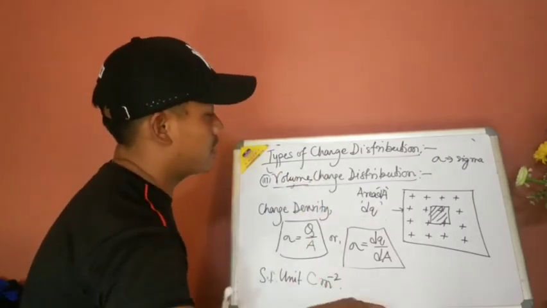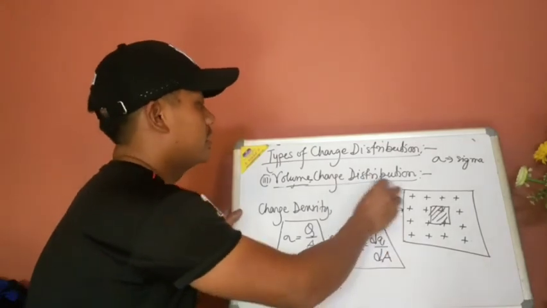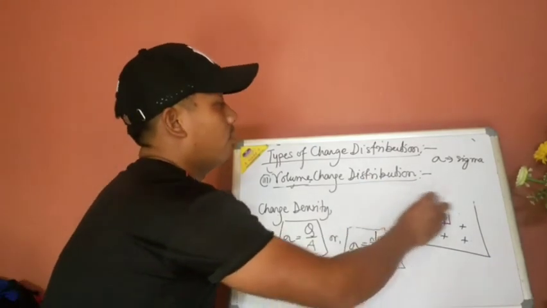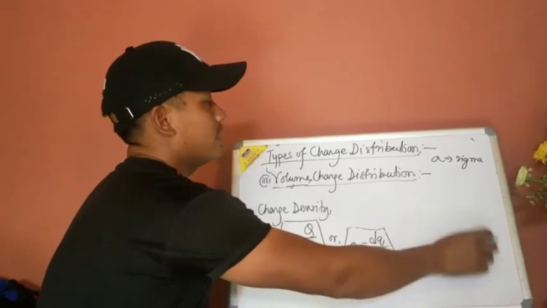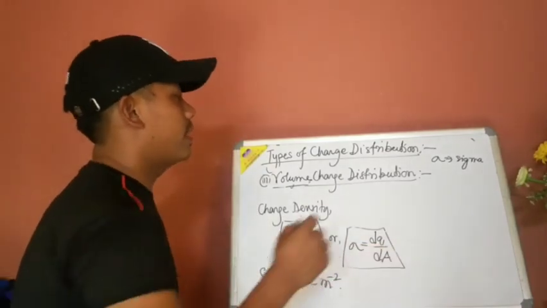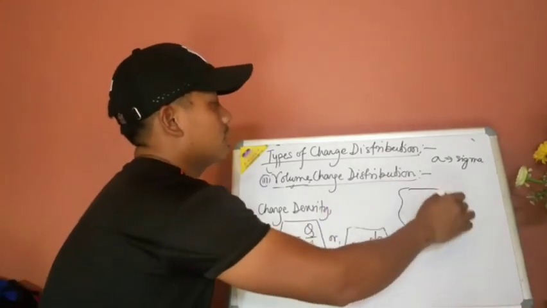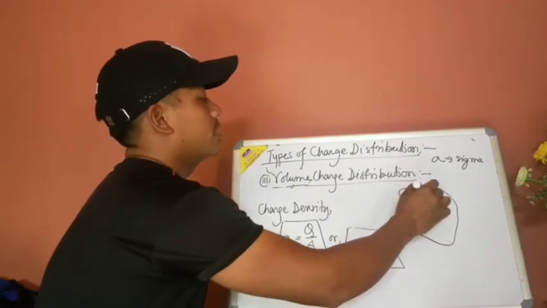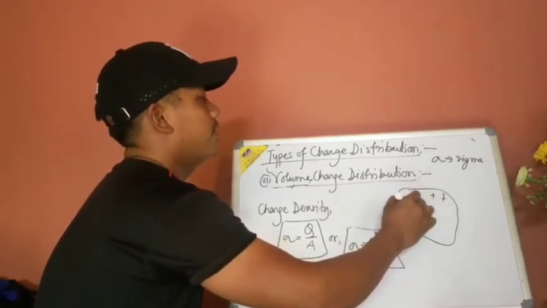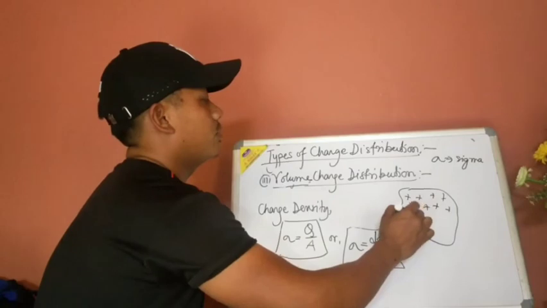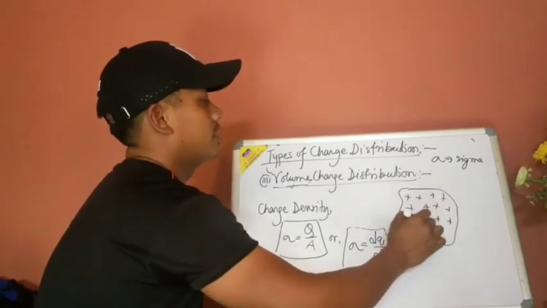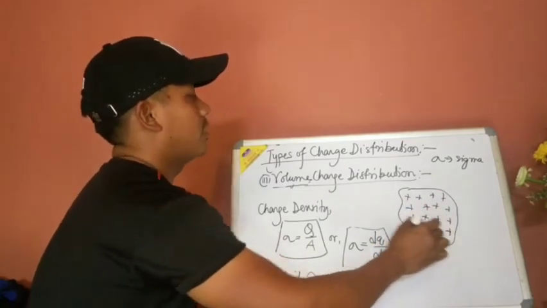Volume charge distribution is obviously where we will be dealing with the volume of a three-dimensional object. On the surface of the object you will have the charges distributed equally, like this, any three-dimensional object.